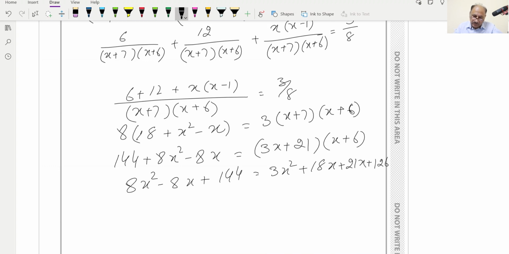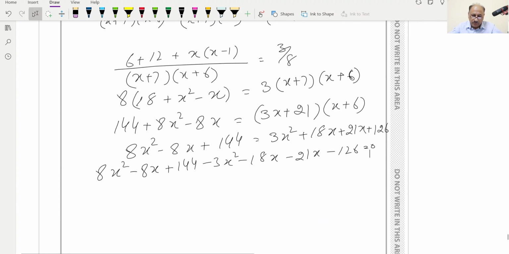Now we can shift these terms to the other side, and this will give us 8x squared minus 8x plus 144 minus 3x squared minus 18x minus 21x and minus 126 is equal to 0.